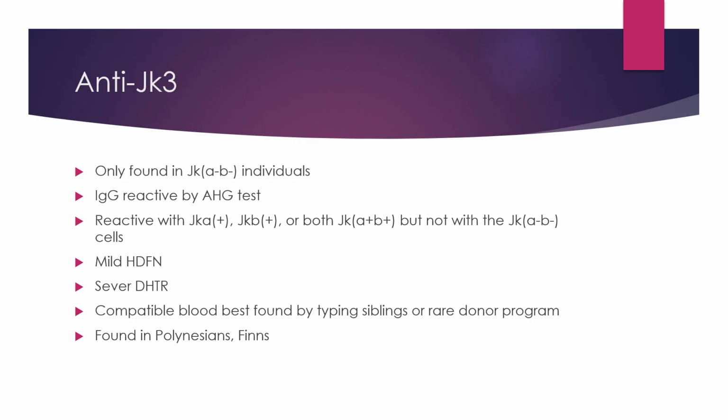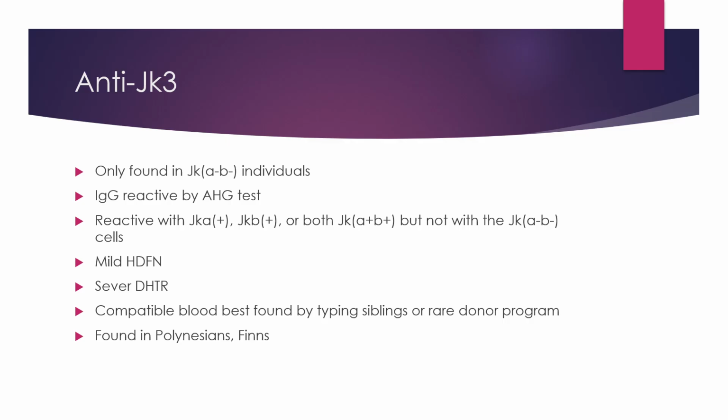Anti-JK3 is only found in JKA negative and JKB negative individuals. It is composed of IgG antibodies and best reactive by the anti-human globulin test. Anti-JK3 will react with all cells that are JKA positive and or JKB positive.